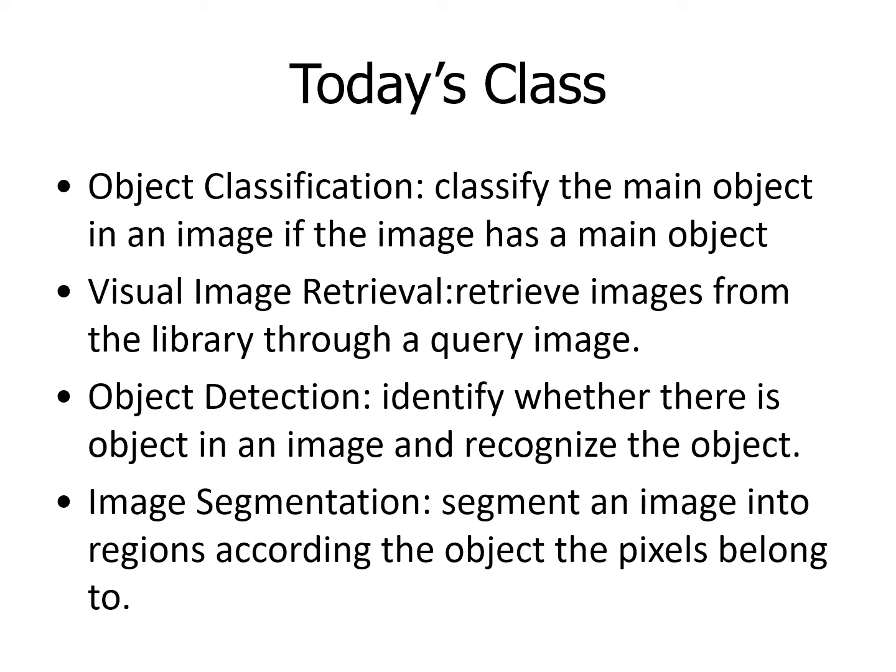And image segmentation is usually when we have a huge image with a lot of things in it, and we want to know, for each pixel, what kind of object it belongs to.